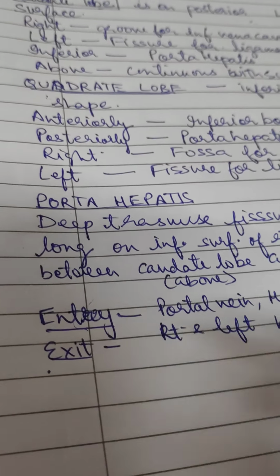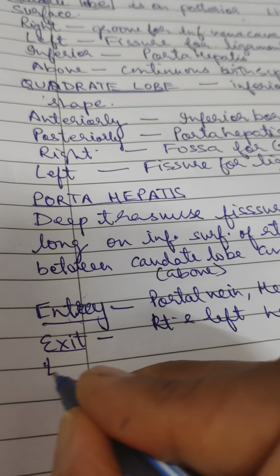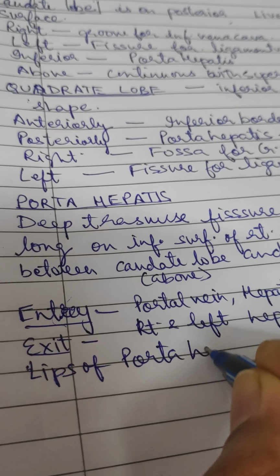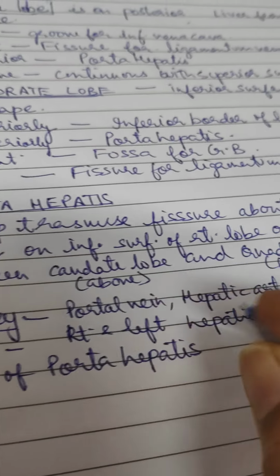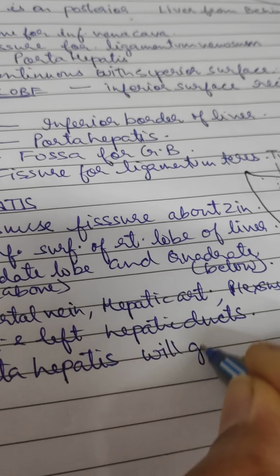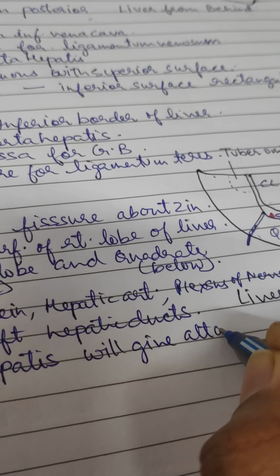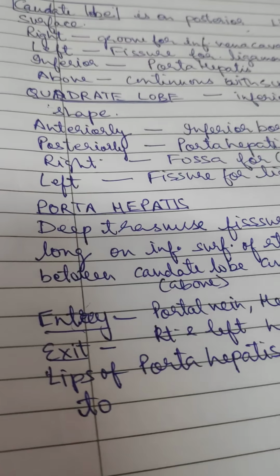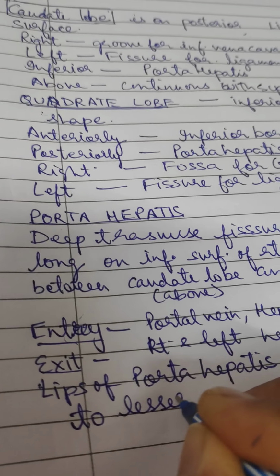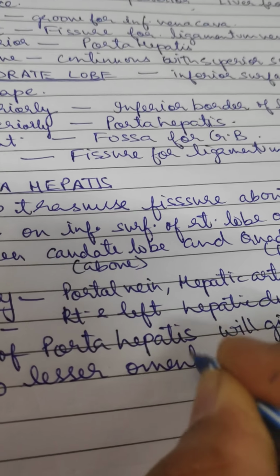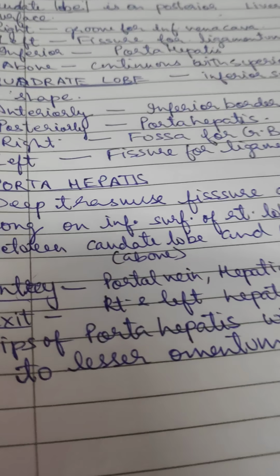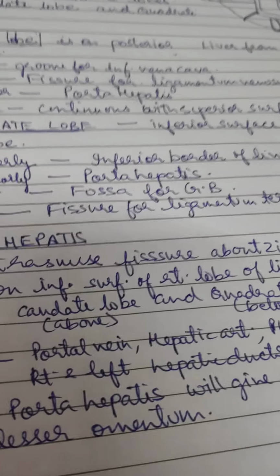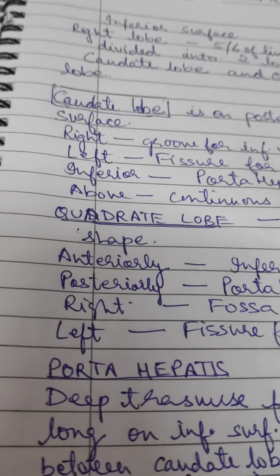Now since this is the fissure, opening is there, so the lips of porta hepatis will give attachment to lesser omentum. Now this is another topic which we will study when we study the stomach or the peritoneal relations. Okay, so this was about the right lobe.